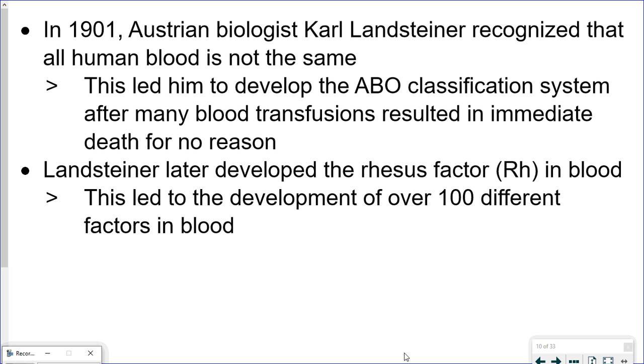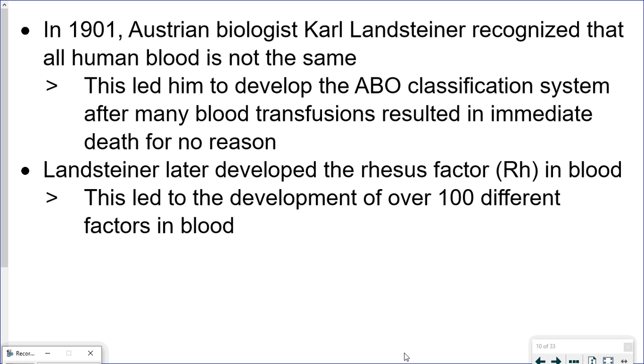In 1901, Austrian biologist Karl Landsteiner recognized that all human blood is not the same. They noticed that when they were trying to give people blood, they were having adverse reactions and dying all of a sudden. So this led to the development of our ABO classification system that we still use today. Landsteiner also later developed the rhesus factor, RH factor, in blood.